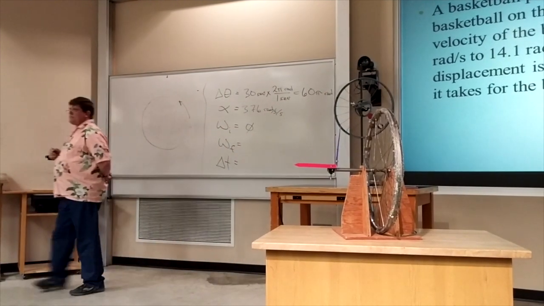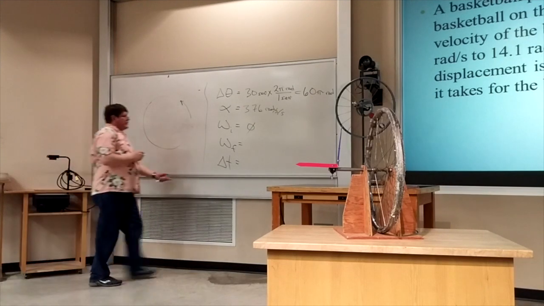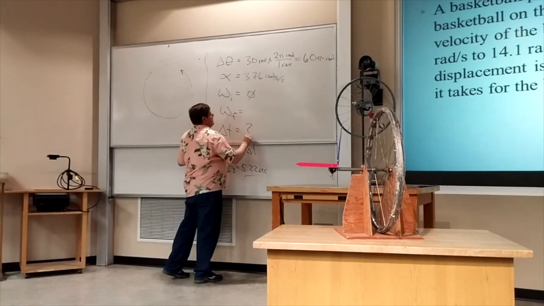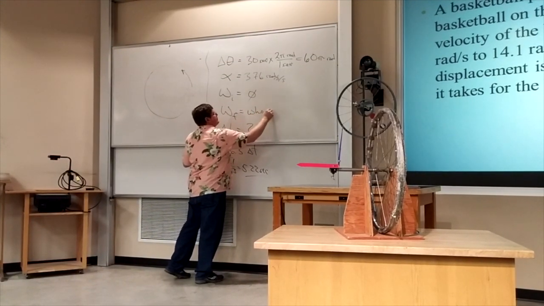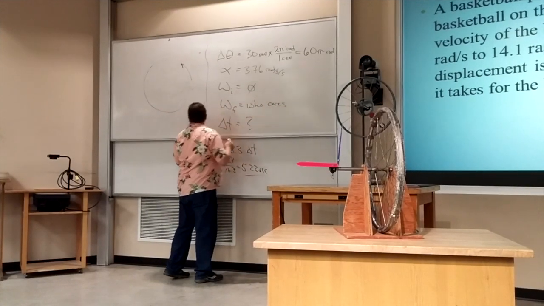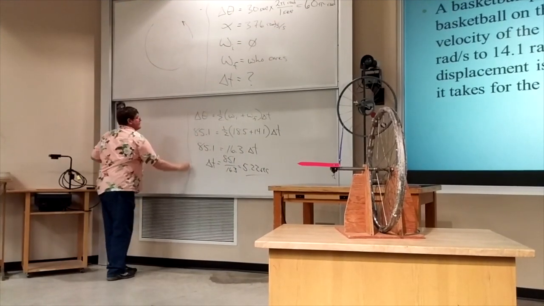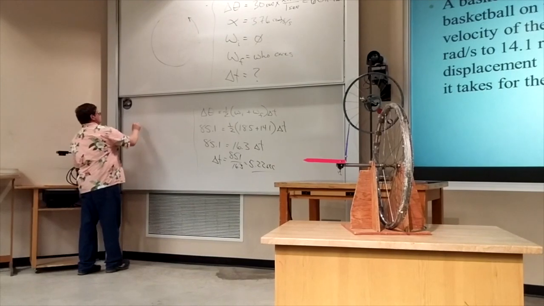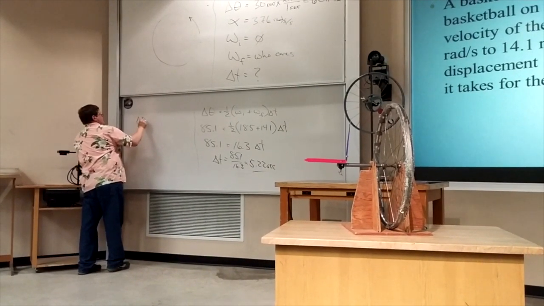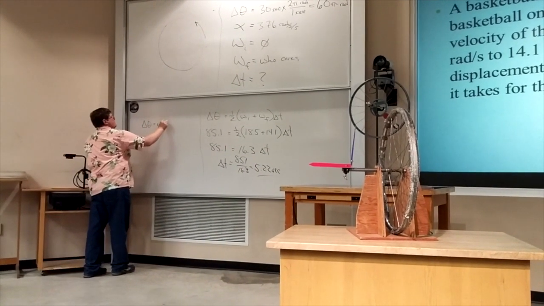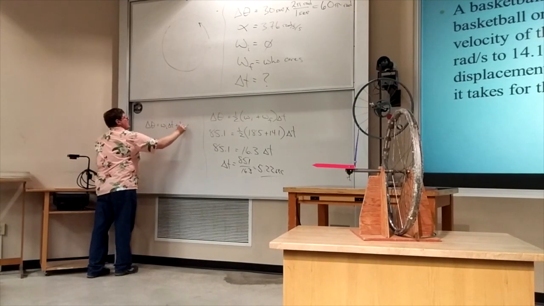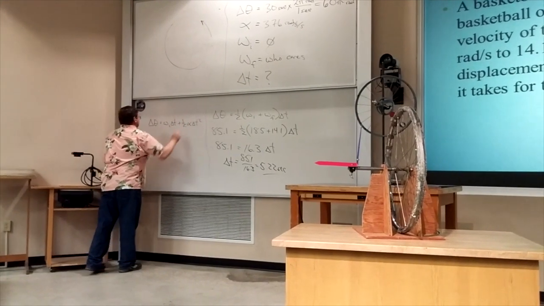Okay? And then, if you're looking for the time, that makes omega final the who cares. And so you would use the formula that doesn't have omega final. That would be delta theta is equal to omega initial delta t plus 1/2 alpha delta t squared.